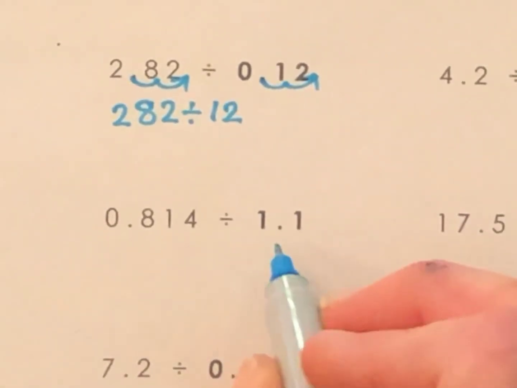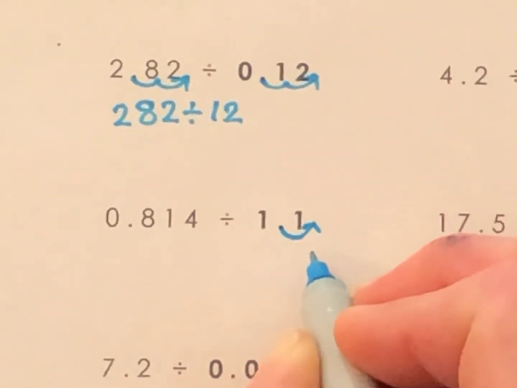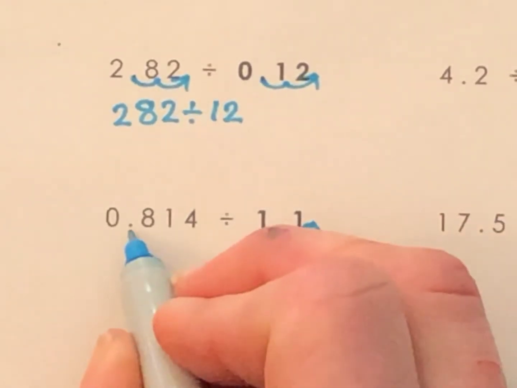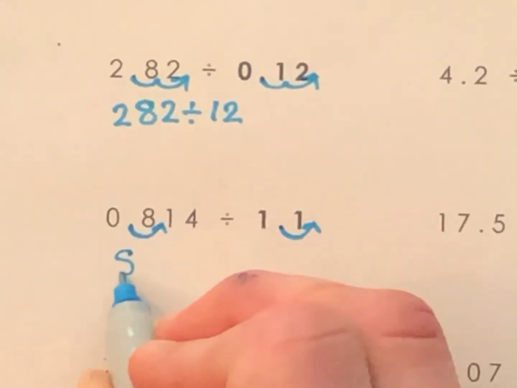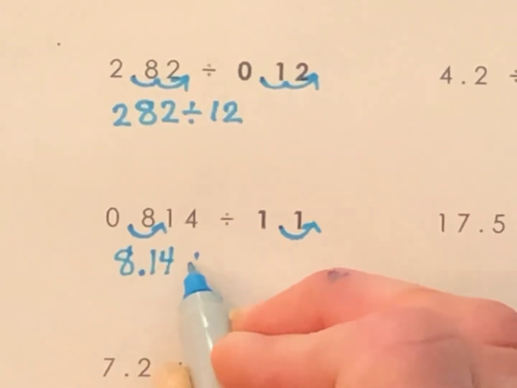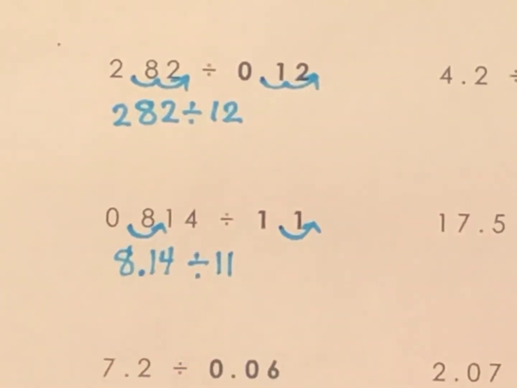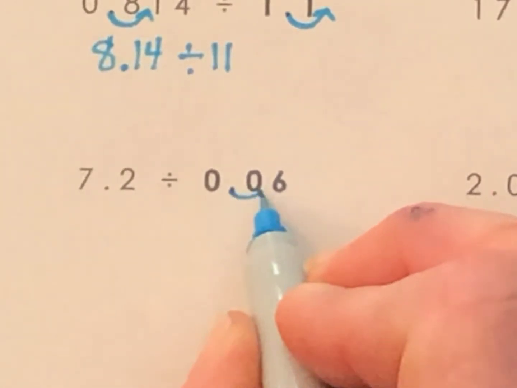All right, so let's look at the divisor. The decimal place must move 1 to be a whole number. So this can only move 1. So we're still left with a decimal, 8 14 hundredths divided by 11. Last one, this one must move 2 places.